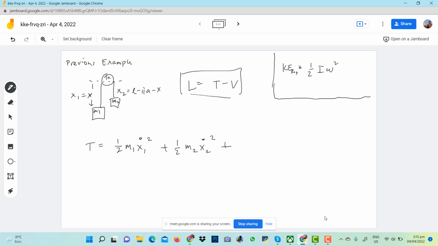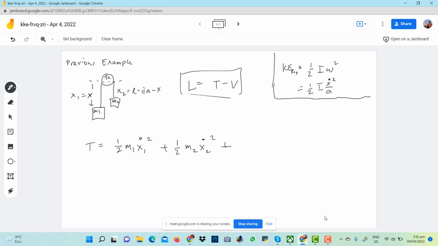In this case, you can write angular velocity as v over r, v over a, sorry. So we have 1/2 I times v, which we call x dot, squared over the radius.